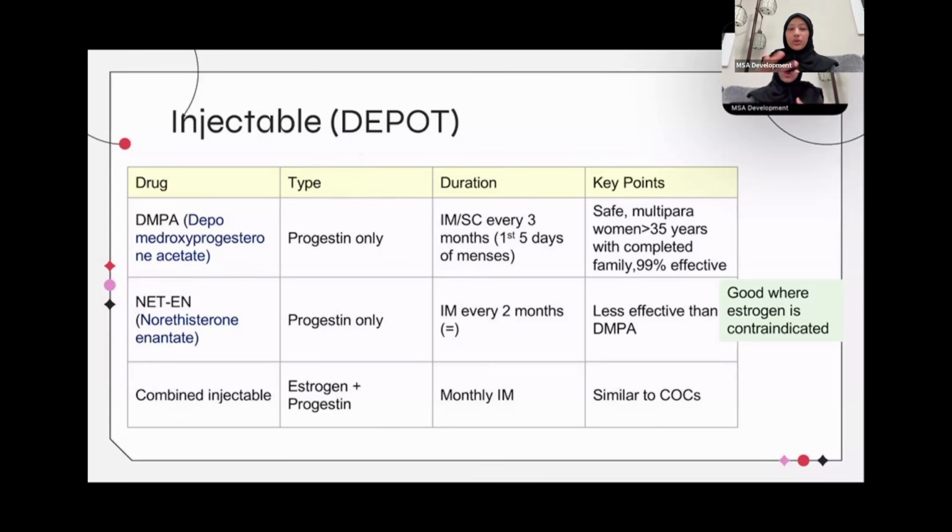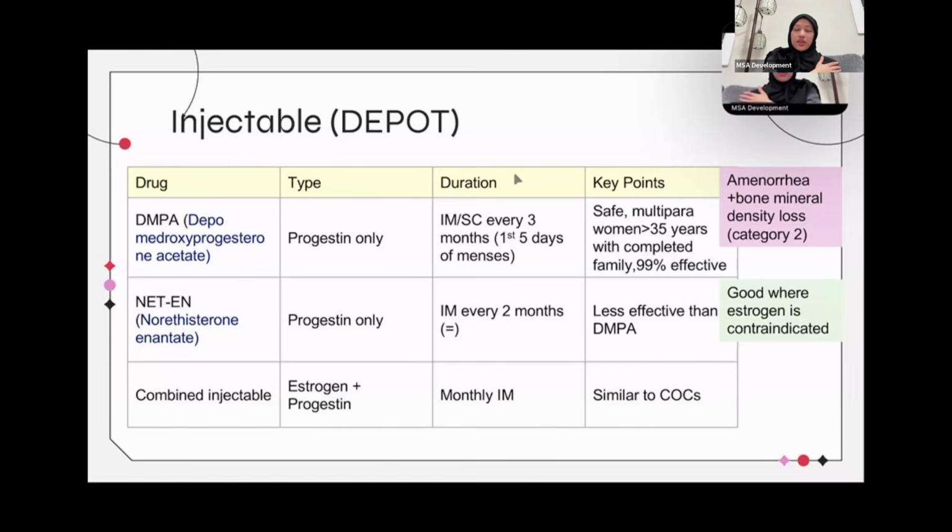Injectable might not always work. I'm talking about the patches as well now. So pills are better than these two options because patches can detach, they can come off sometimes. There is another thing about the patch, so I'll mention that in a bit.